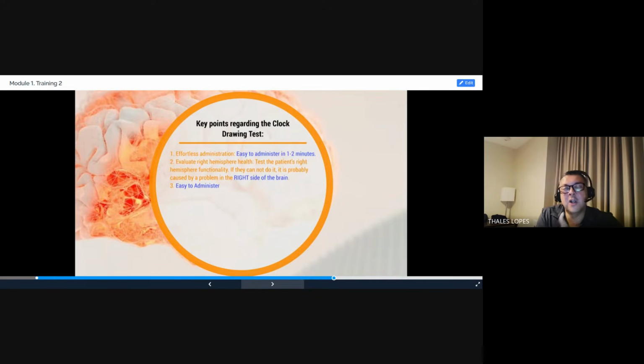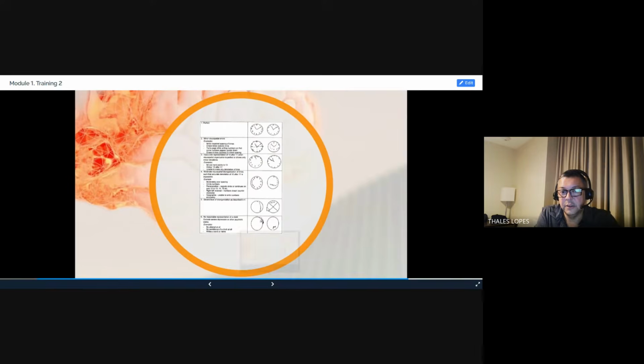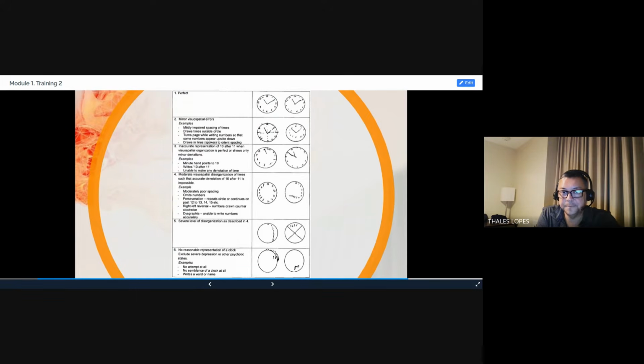To assess cognitive status. It's an easy test, one to two minutes. That is high yield as well. Damage where? Right parietal, right hemisphere, or right side of the brain. And this is a high-yield, quick test that we often actually do in practice, right?